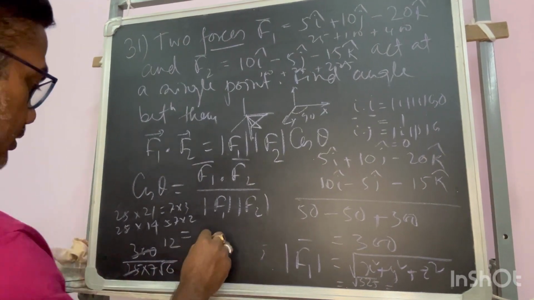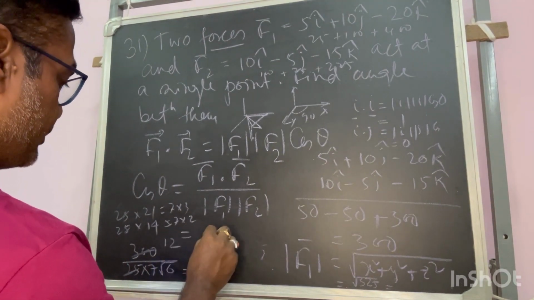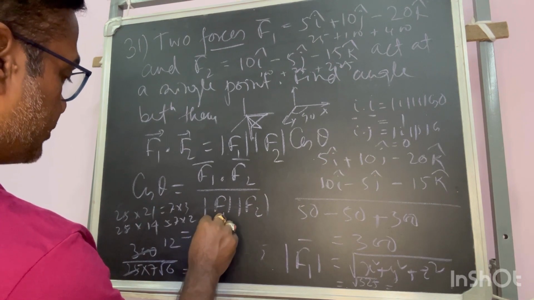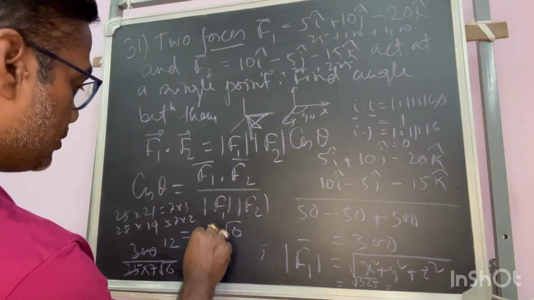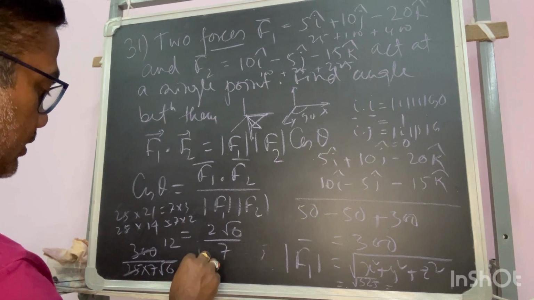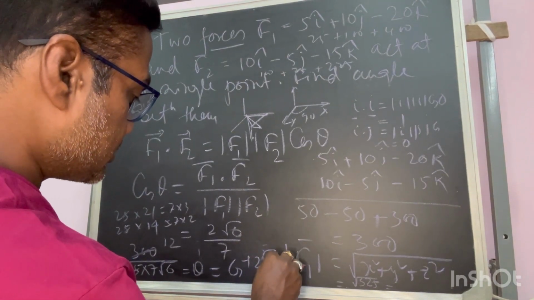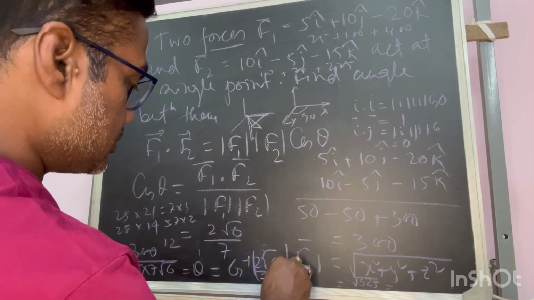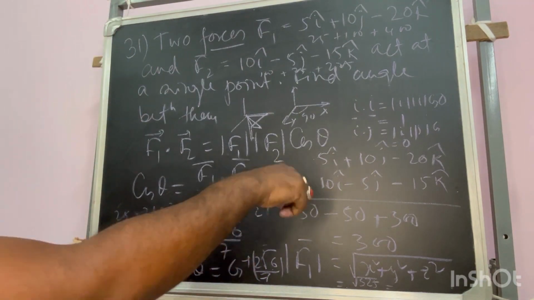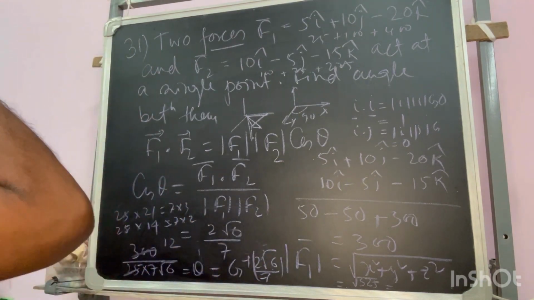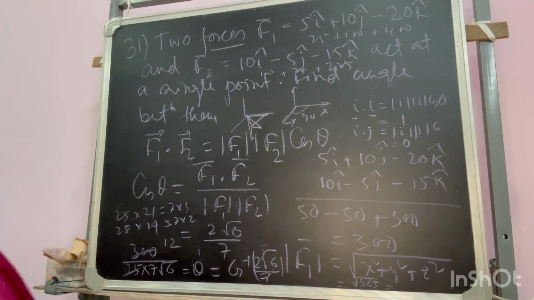If I calculate all this, it will be 2 into 6, that means 2 root 6 upon 7. So theta is cos inverse of 2 root 6 by 7, so this will be the approximate angle in between the vectors f1 and f2 given here.